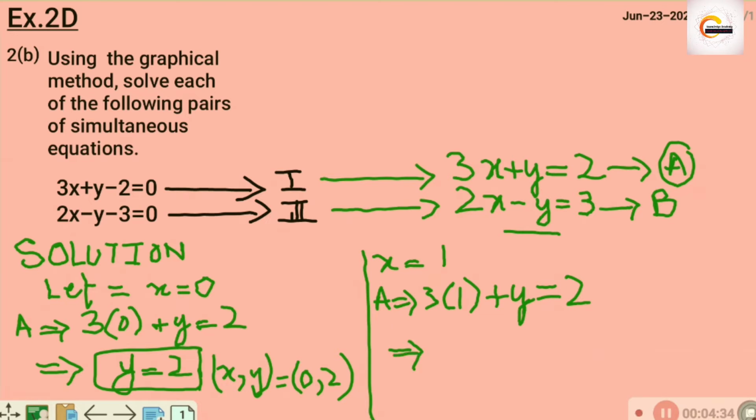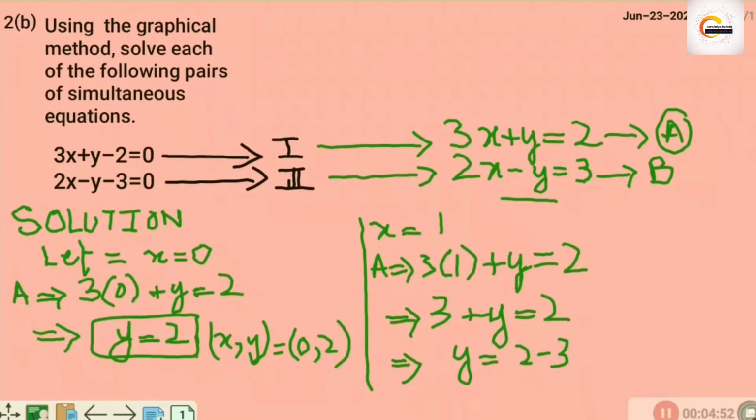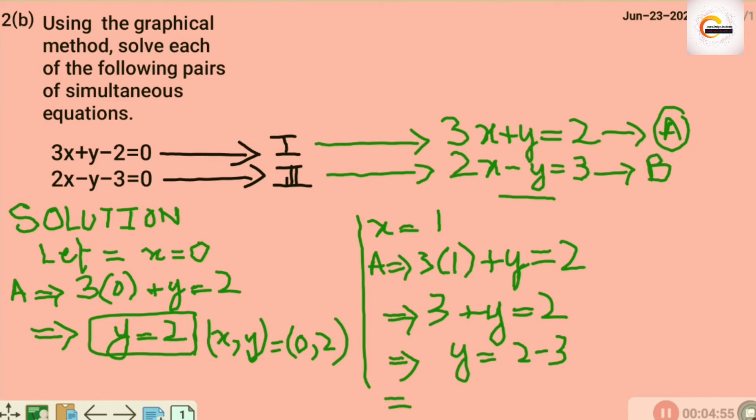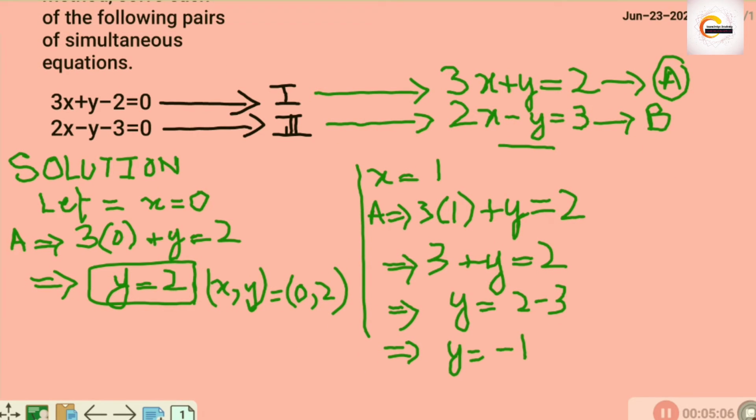This will be 3 plus y equals 2. Now y equals 2 minus 3, so y equals minus 1. Now x comma y equals 1 comma minus 1.